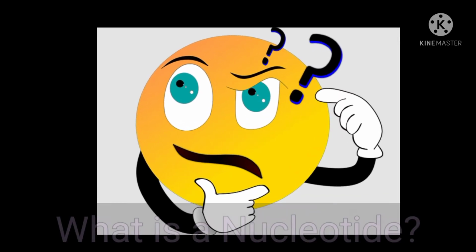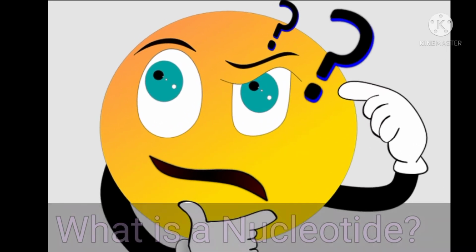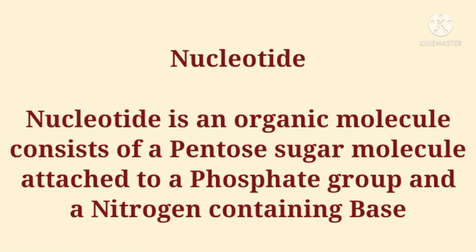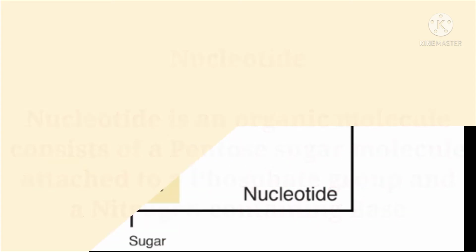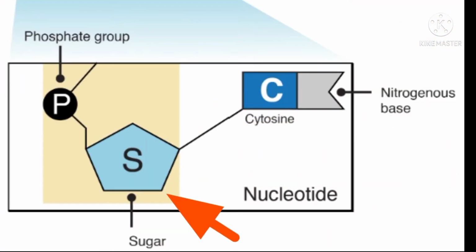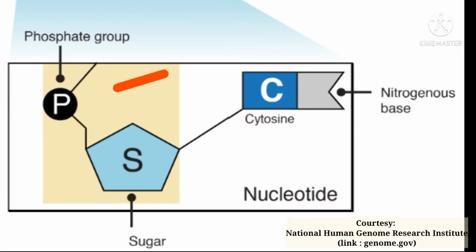Yes, the next question that comes to our mind is, what is a nucleotide? Nucleotide is an organic molecule that consists of a pentose sugar molecule attached to a phosphate group and a nitrogen containing base.